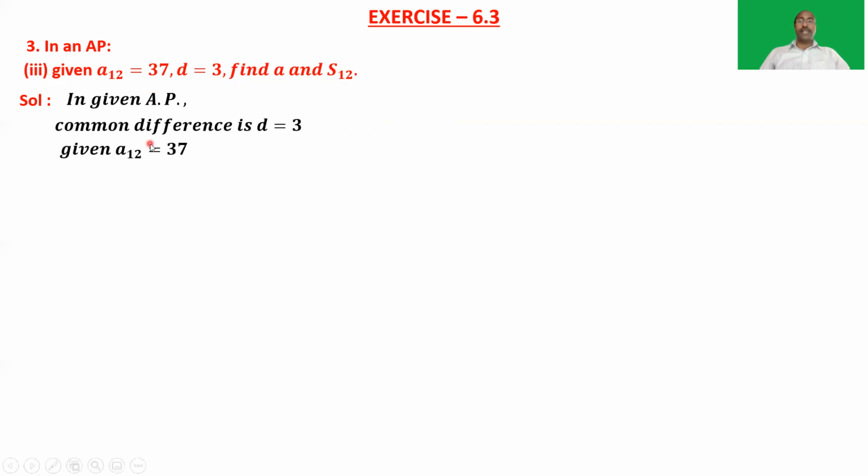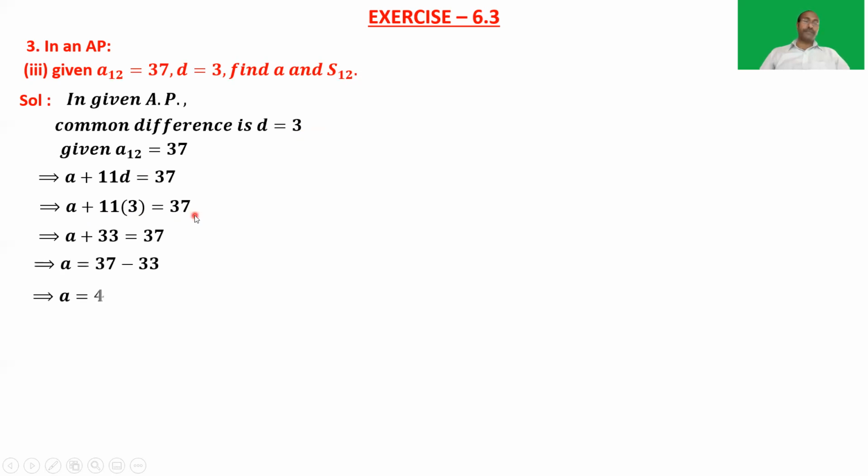We know that A12 is A plus 11D. So we can substitute A plus 11D in place of A12. So A plus 11D is equal to 37, and A plus 11 into 3, because we know that D is equal to 3, is equal to 37. From this, we get A is equal to 4. Now we have A is equal to 4, D is equal to 3, and n is equal to 12, because we have to find S12 here.